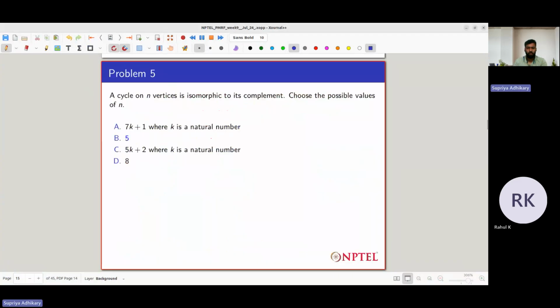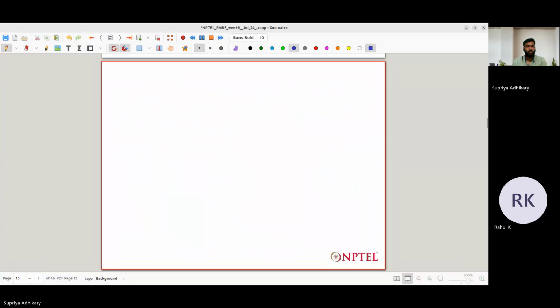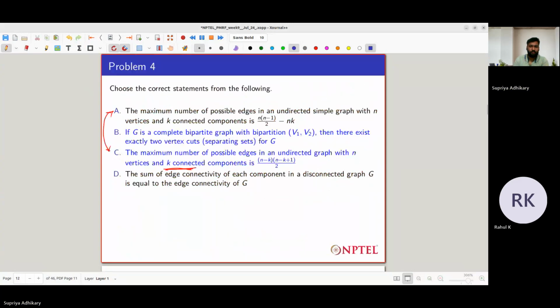And so the total number of edges should be n minus k choose 2, and which is nothing but this.